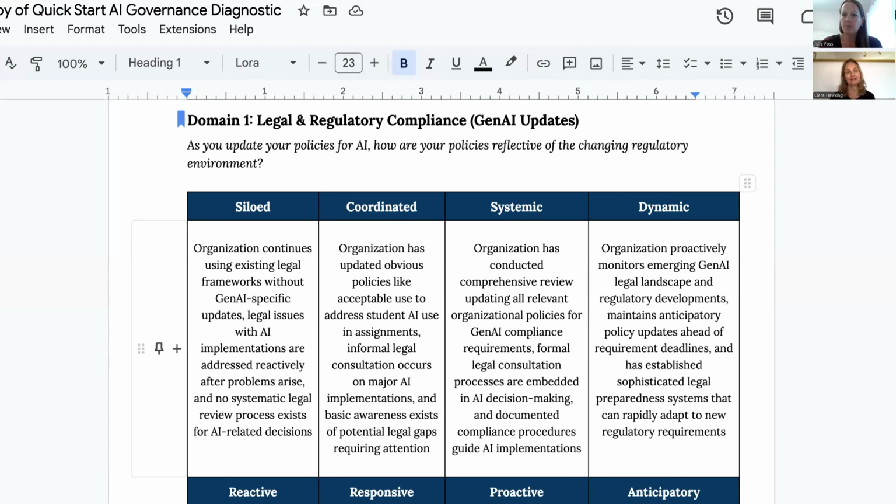Perfect. And then there are different domains where you would need to do this diagnostic work. The first one is legal and regulatory compliance.